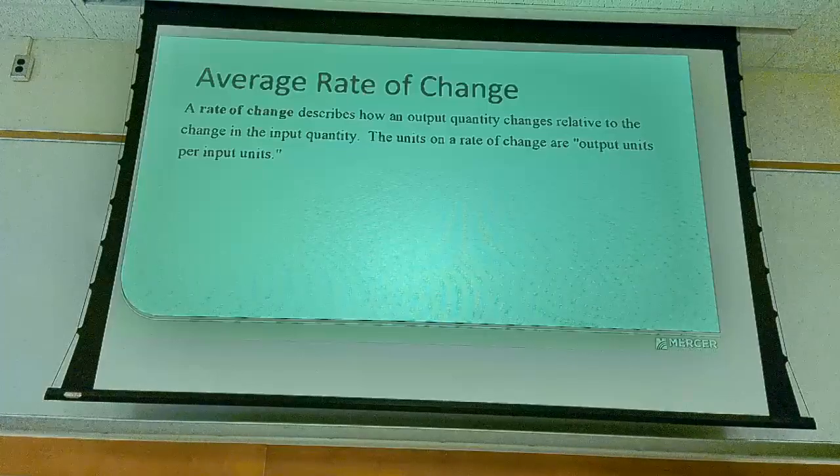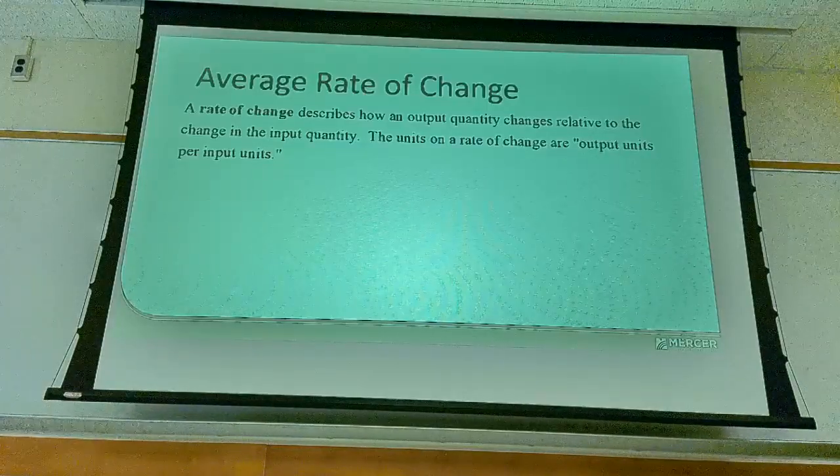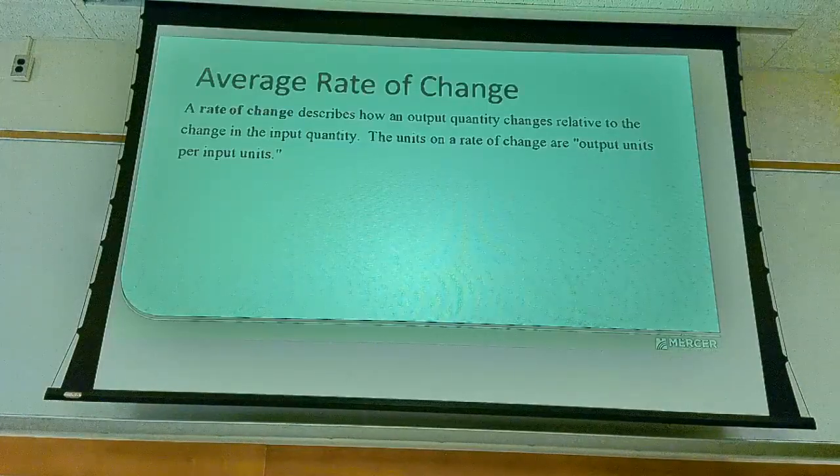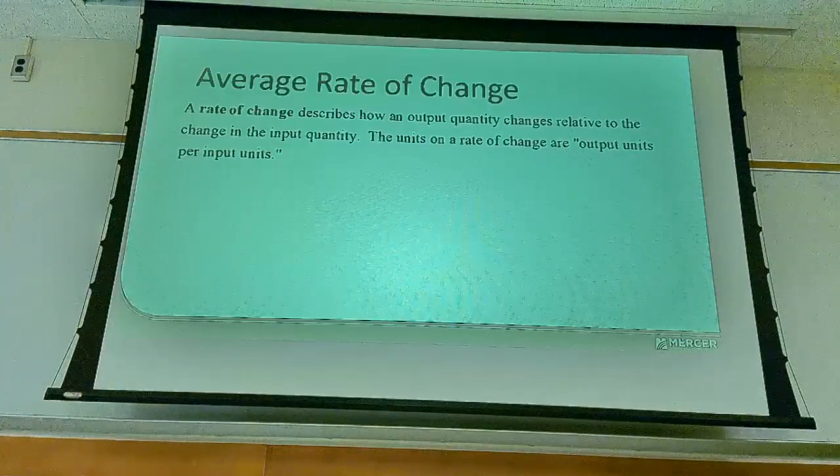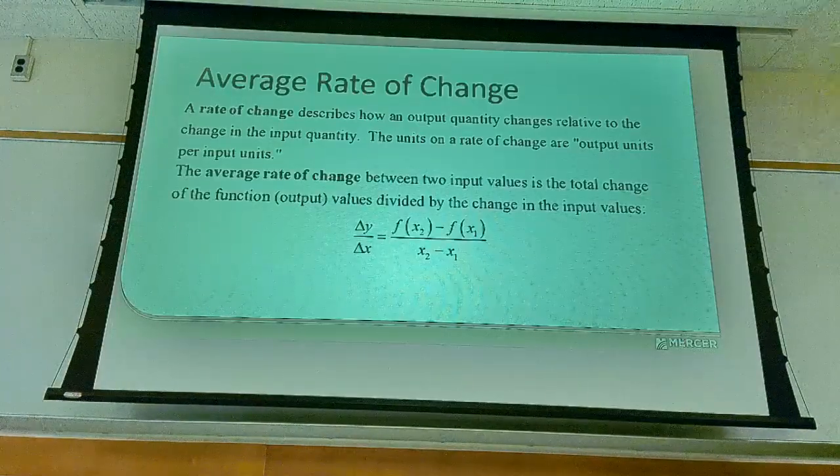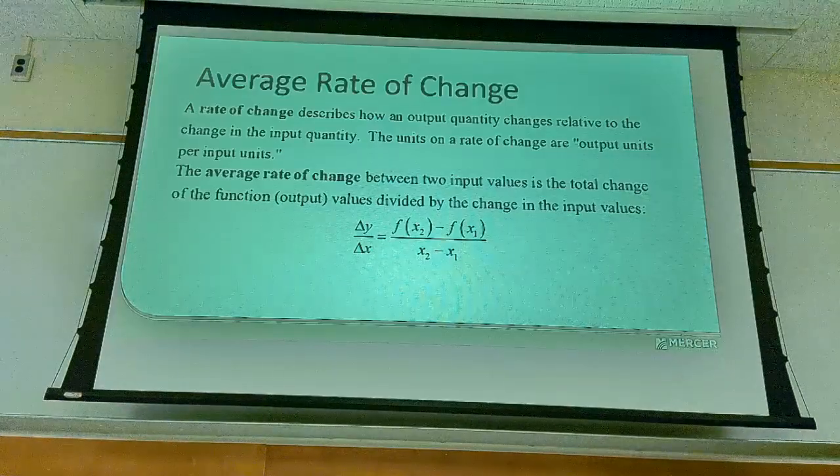Average rate of change is the total change in the output divided by total change of the input. So delta y over delta x, change in y over change in x. f of x2 minus f of x1 over x2 minus x1.